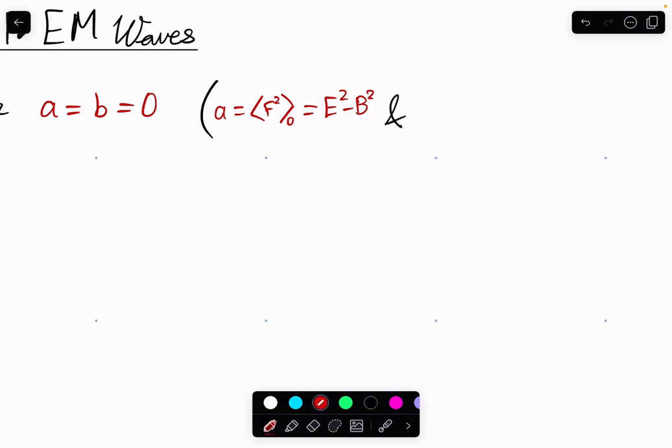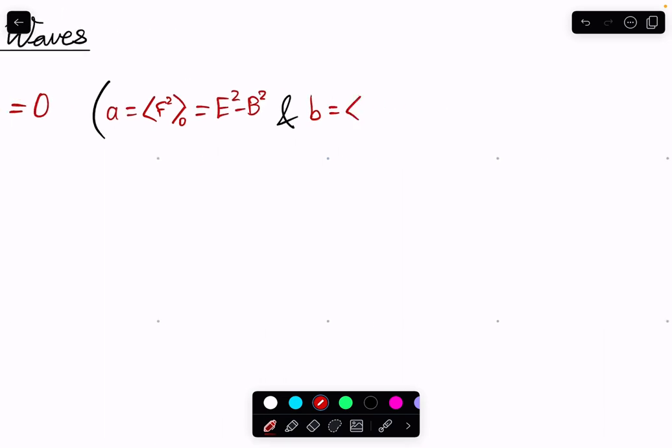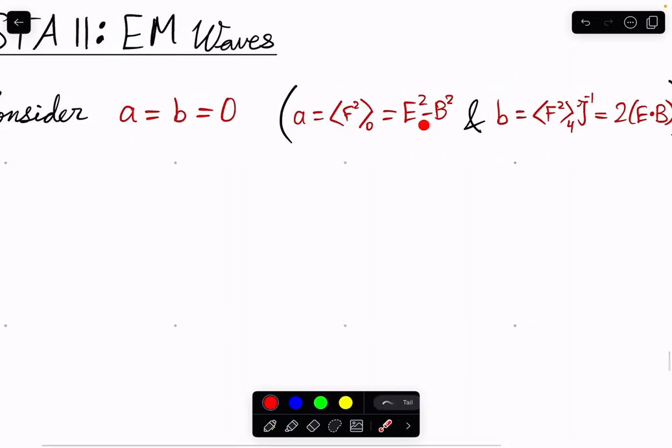And your B is just your projection of F squared onto the quadravector component times the inverse pseudoscalar, which is just equal to 2 times E dot B. So it's for these things being set equal to 0.